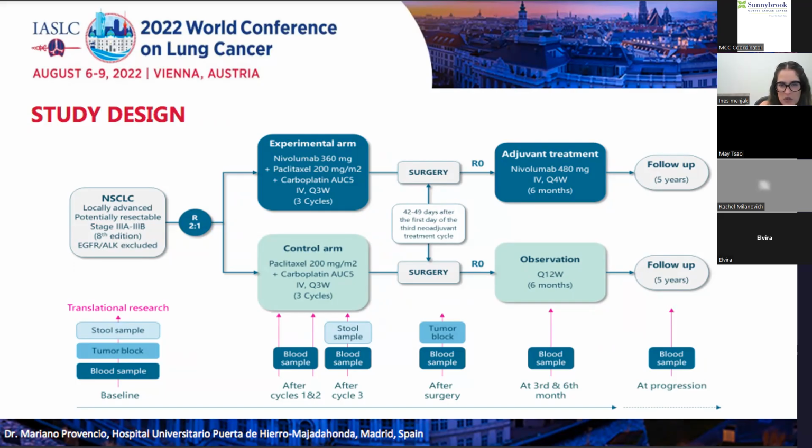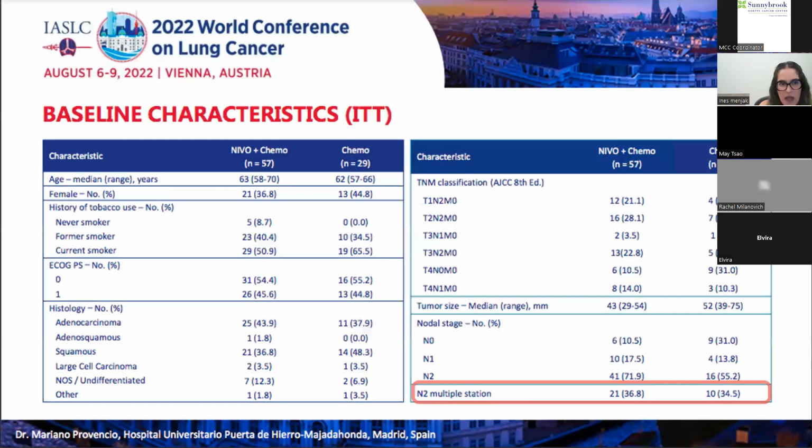After 42 to 49 days, these patients underwent surgery, and the experimental arm also received adjuvant treatment with nivolumab for 6 months. The primary endpoint was PCR. The secondary endpoints were PFS and overall survival at 12, 18, and 24 months, sorry.